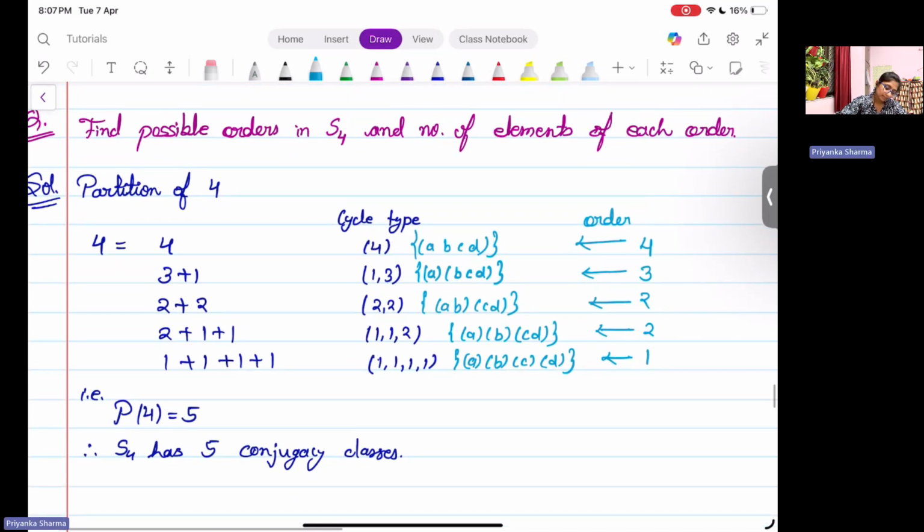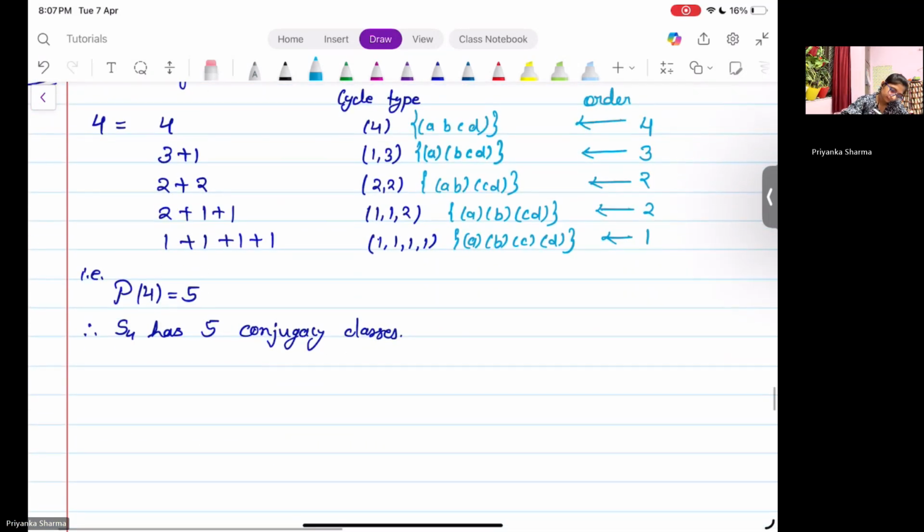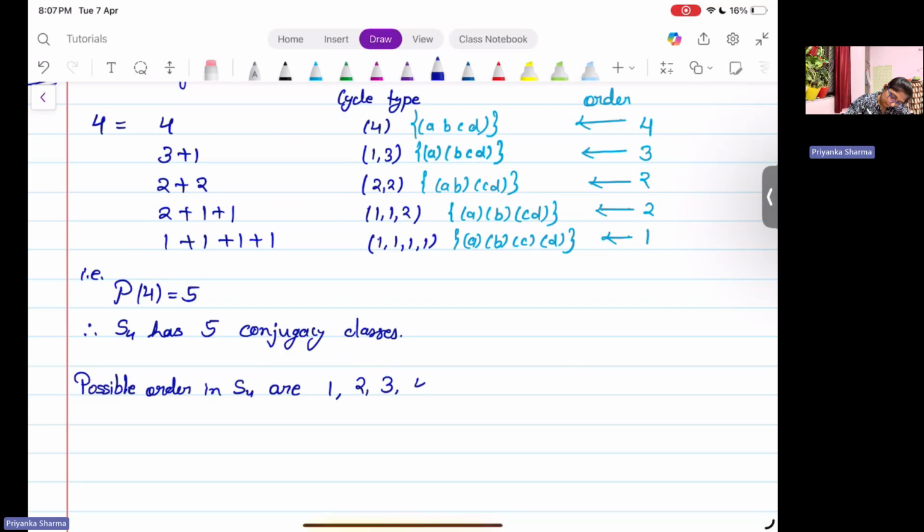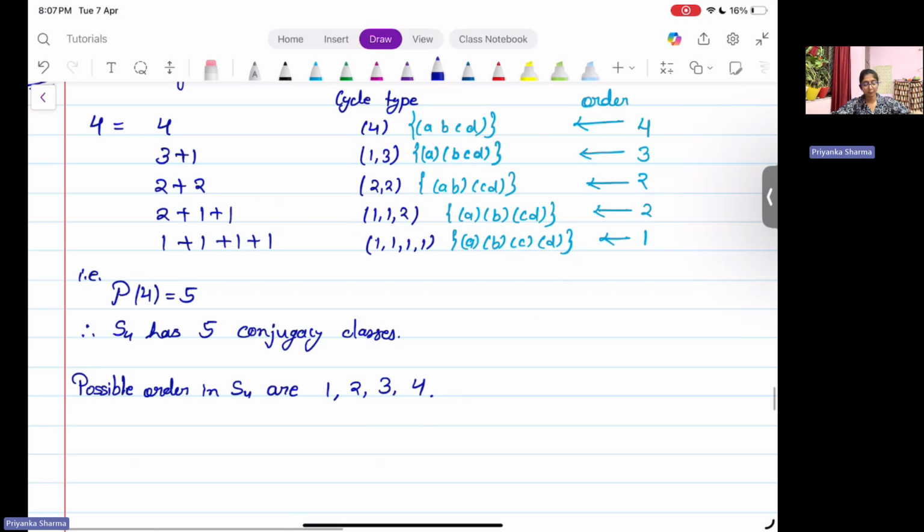That is, the possibilities for orders are 1, 2, 3, and 4. Okay, there can't be any element whose order is greater than 4.